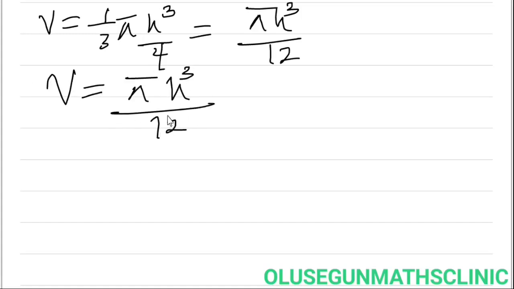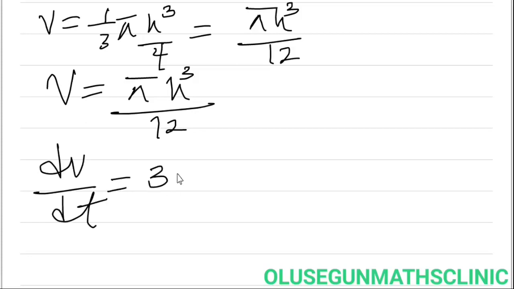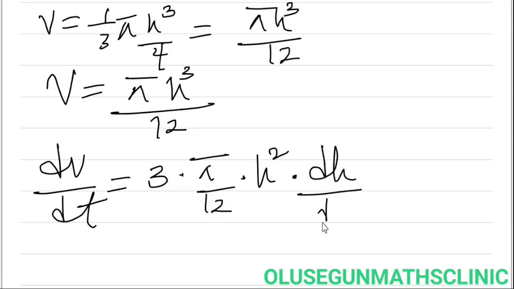So let's use implicit differentiation to find dV/dt. In finding dV/dt, we have 3 times pi over 12 times h squared times dh/dt, because the 3 must come down here. So this cancels with 12.